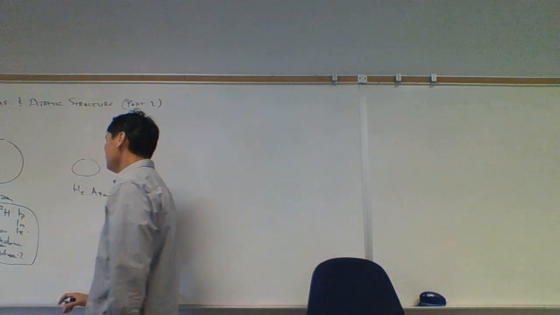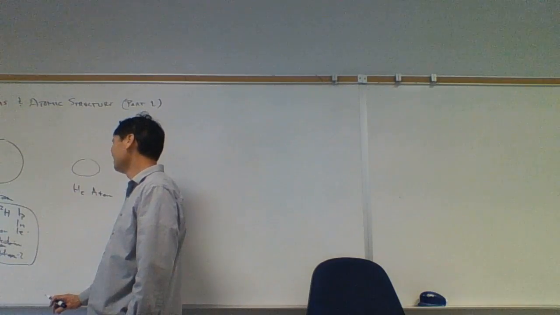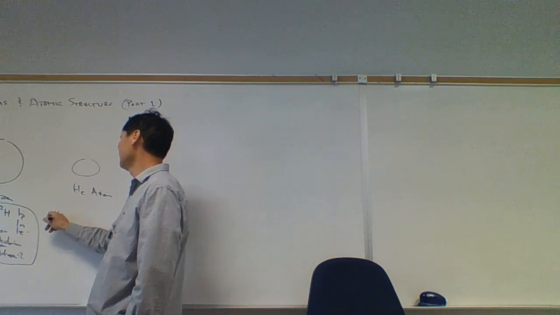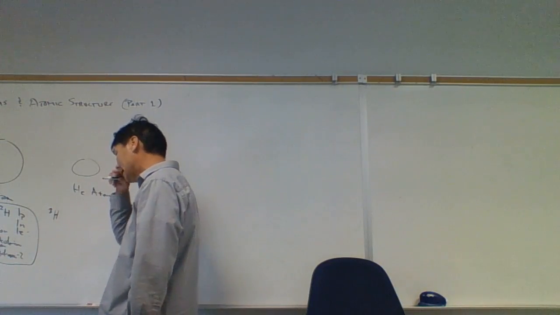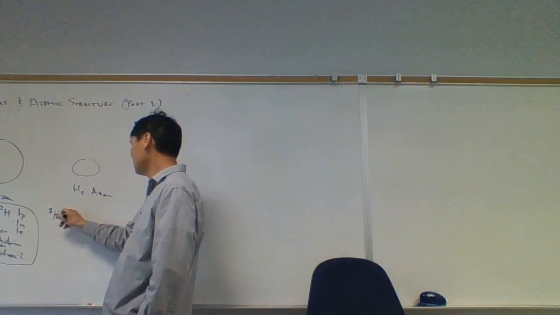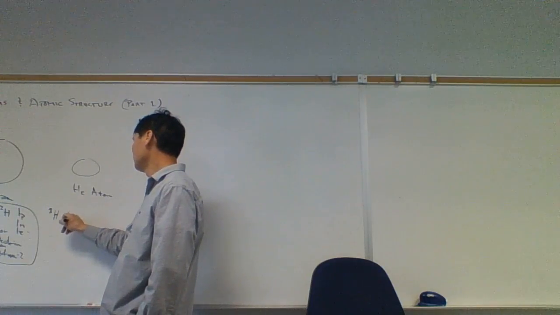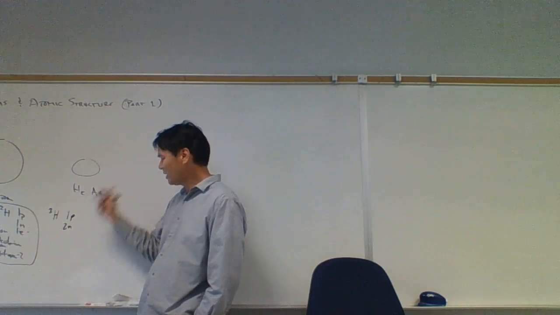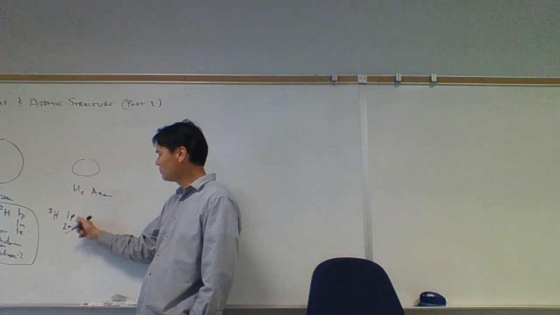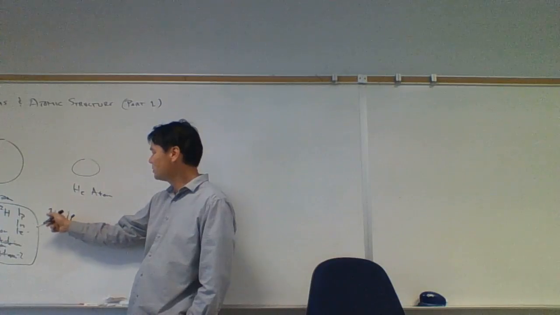Okay, there's one more hydrogen atom, and this one's a little different. This is H3. Now H3 has one proton and two neutrons, and that's why it's going to have a mass of about 3. That's where this number comes from.